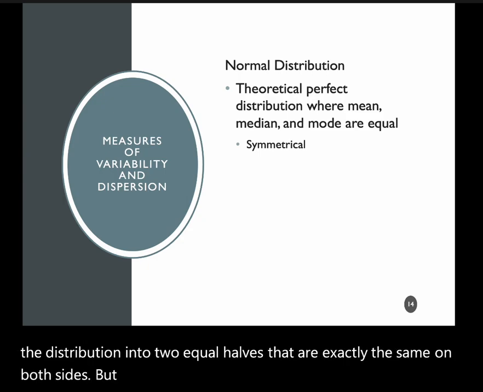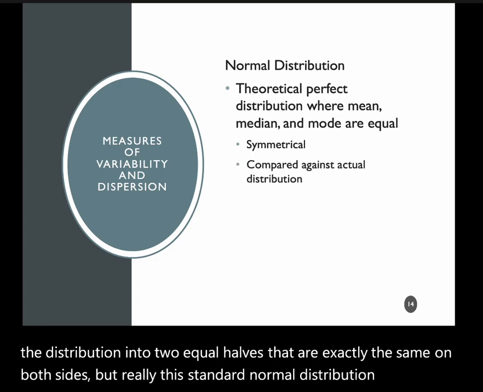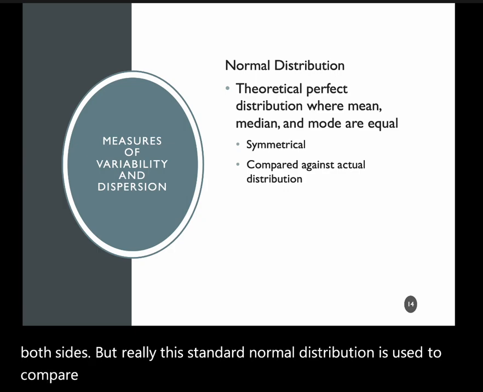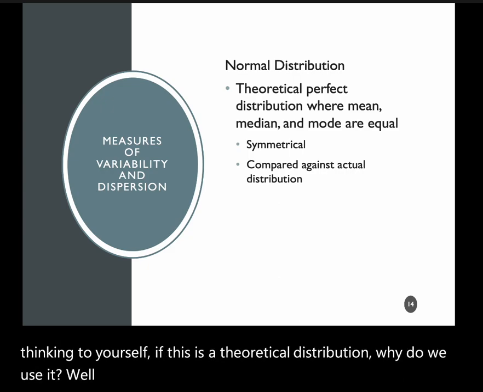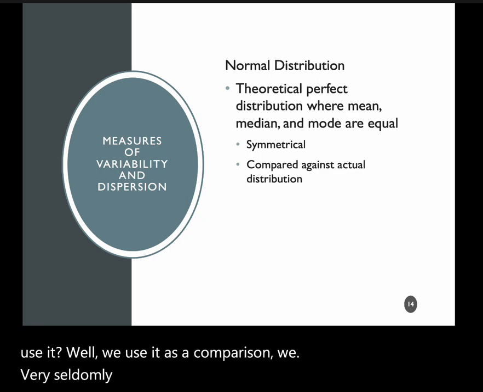But really, this standard normal distribution is used to compare against our actual distribution. Because you might be thinking to yourself, if this is a theoretical distribution, why do we use it? Well, we use it as a comparison. We very seldom have standard normal distributions in social sciences.